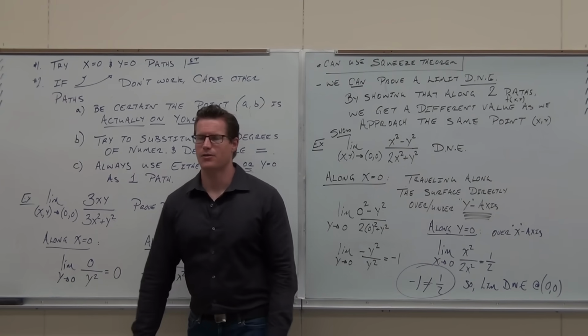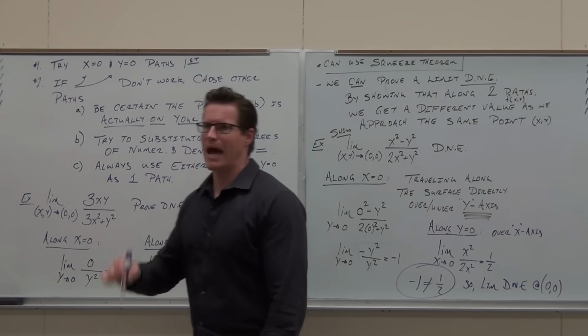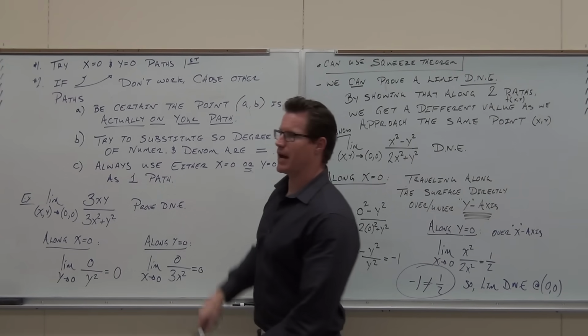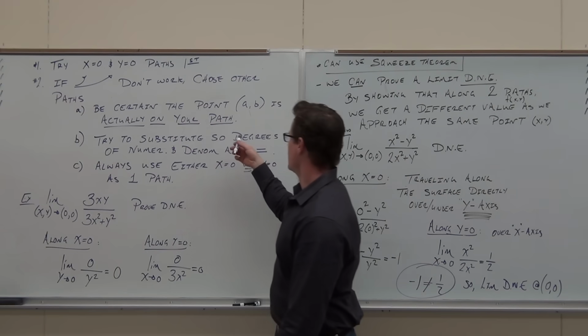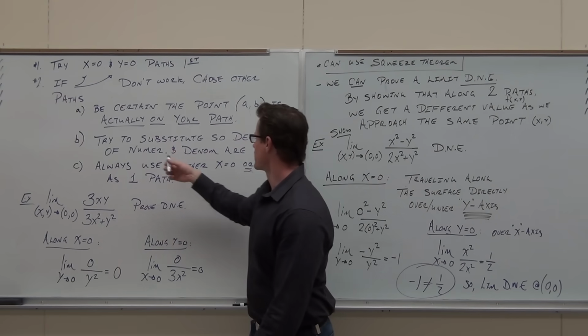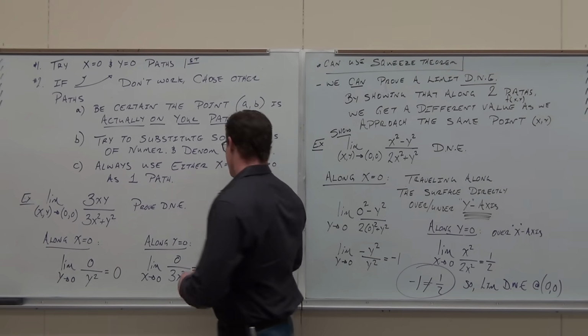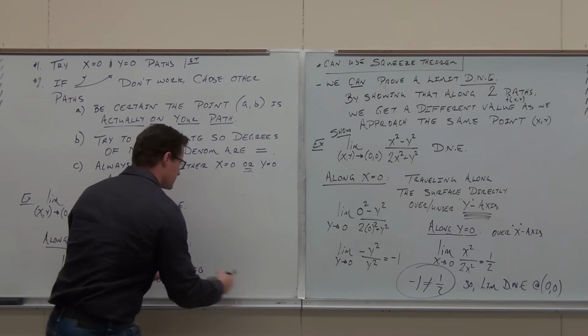Let's pick another path. Here's how to pick the other path. First, be certain the point you pick is actually on your path. Substitute so that the degrees of the numerator and denominator are equal. So here's the other path I would choose.